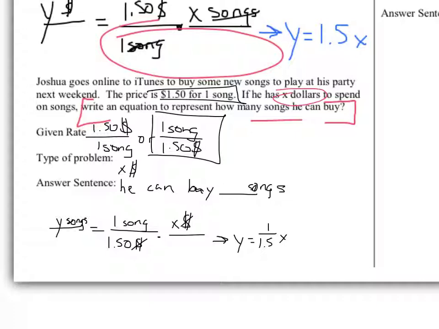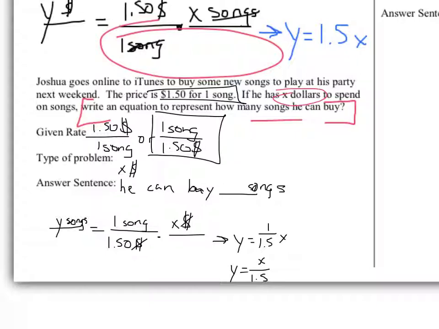Isaac, give me another. Y equals 1.5 over 1 over y. Or we can put 1 under it. So we could multiply top times top and bottom times bottom, and we could write this as x over 1.5.